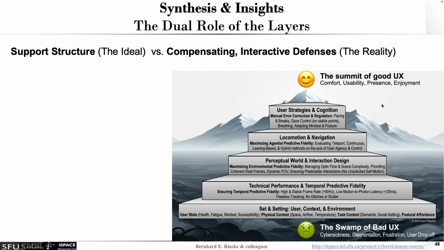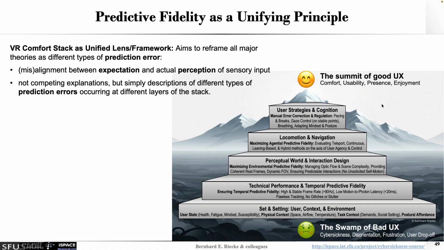So what do we have here? Ideally, these really are a hierarchical level, a bit similar to, let's say, Maslow's hierarchy of needs. So basically, each one builds on top of each other. In reality, however, there's often some issues, and often they can compensate and defend each other a little bit. And what I try to put in this model is really the predictive fidelity as a unifying framework, basically.